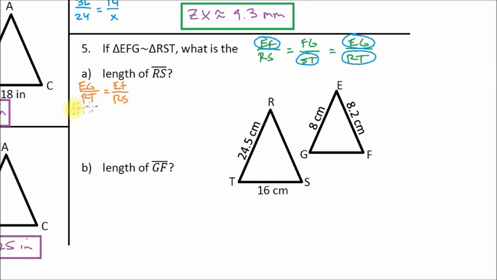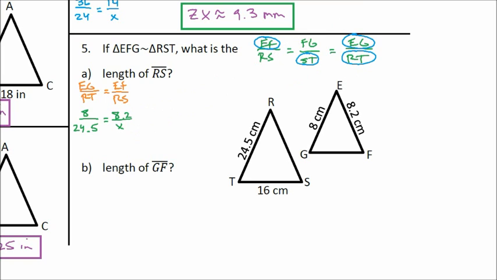Let's go ahead and plug in what we know. EG is 8. RT is 24.5. EF is 8.2. And RS is our unknown side X.